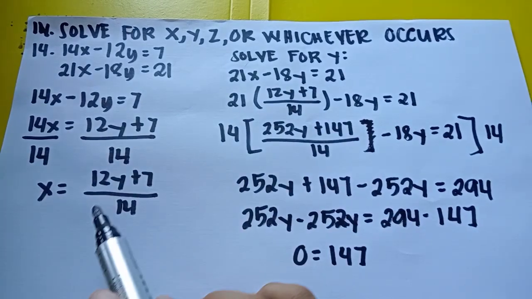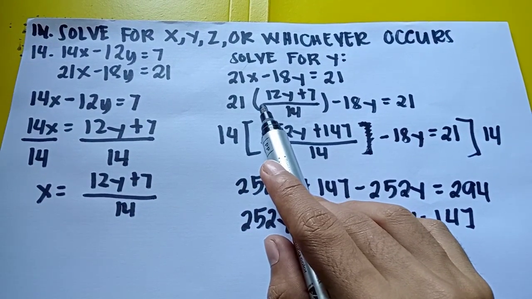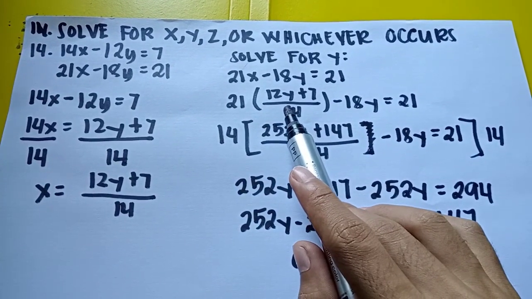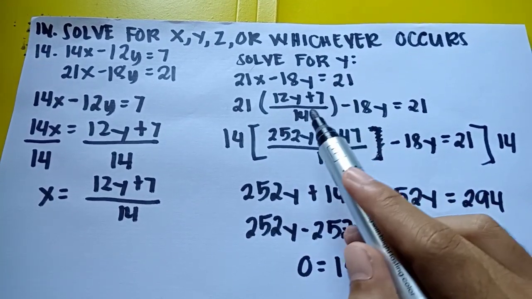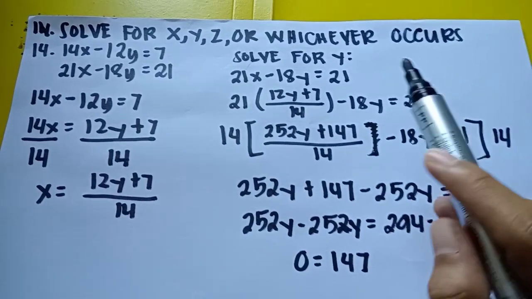Then we will substitute this initial value to the variable x. So 21 quantity of 12y plus 7 over 14 minus 18y equals 21.